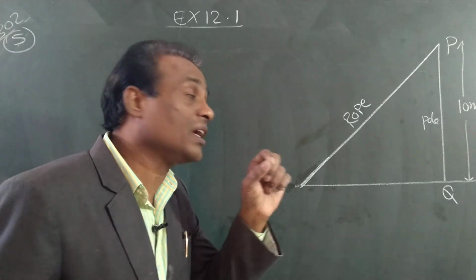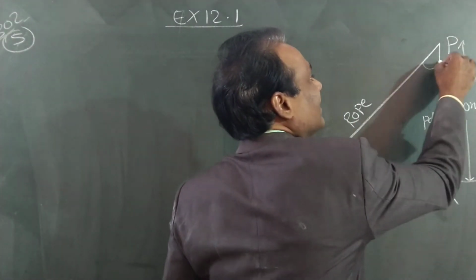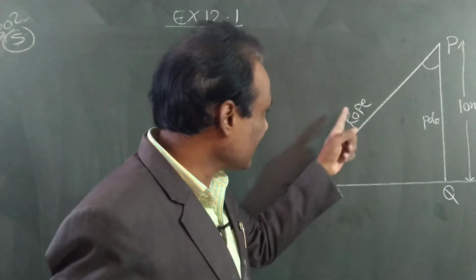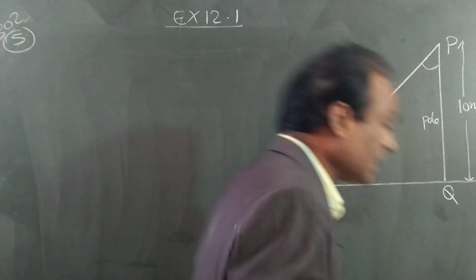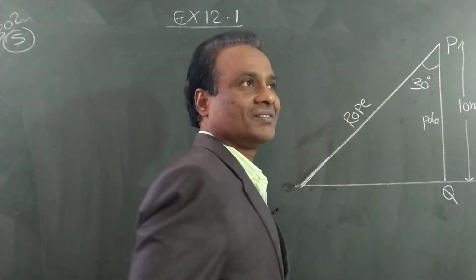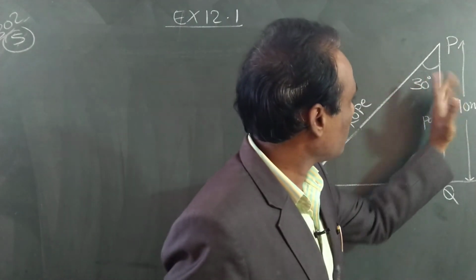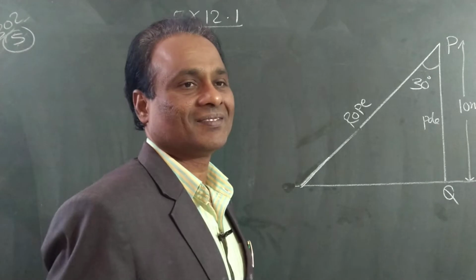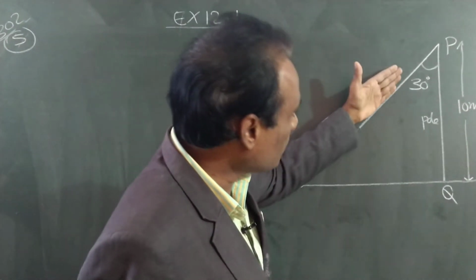But the angle between the rope and the pole is given. The rope is making 30 degrees with the pole. That angle is given, the angle between rope and pole.